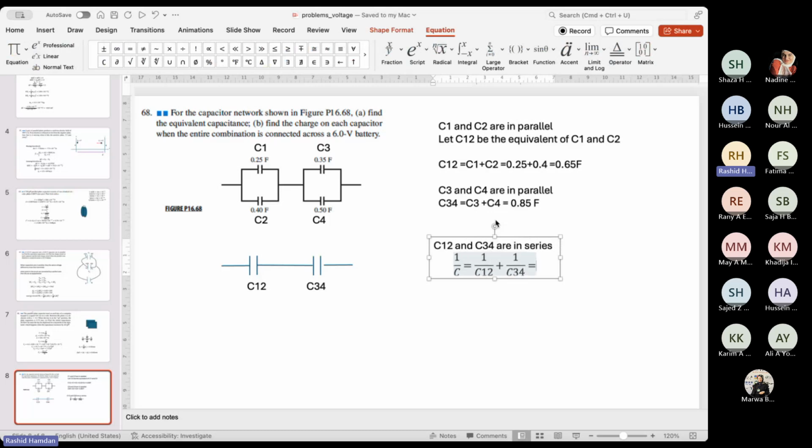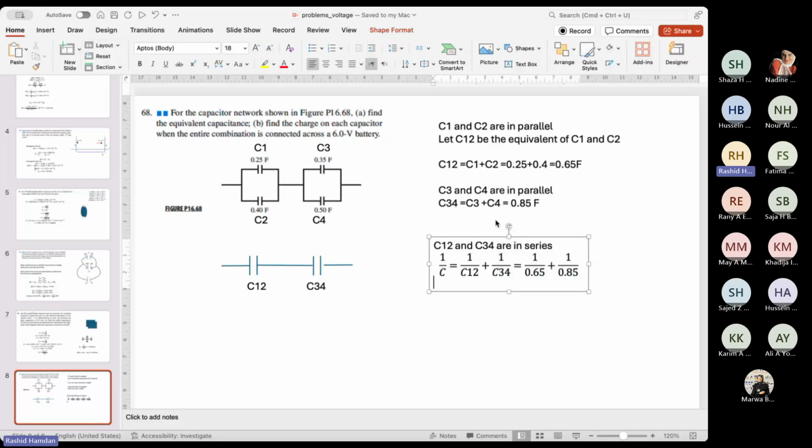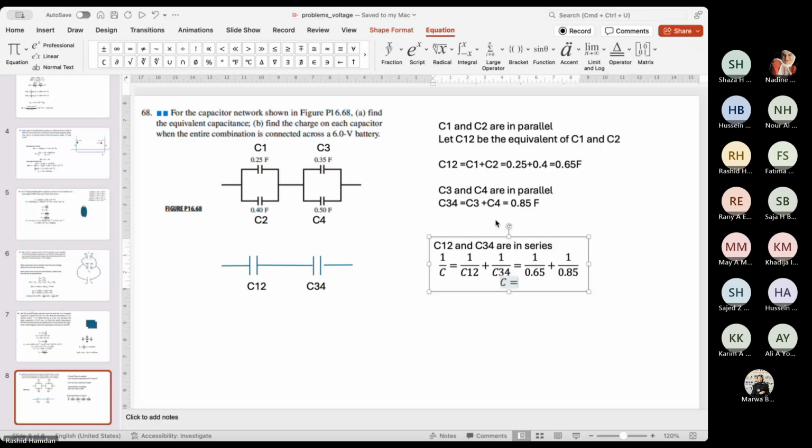So that's equal to 1 over 0.65 plus 1 over 0.85. I think we have to take the common denominator, or we can just put them on the calculator and find C. So C is equal to, let's do that on the calculator.